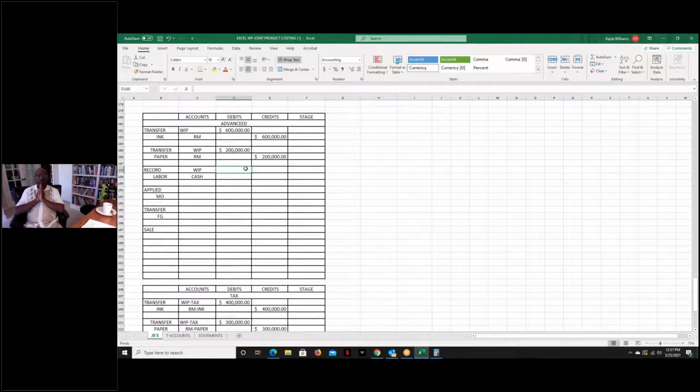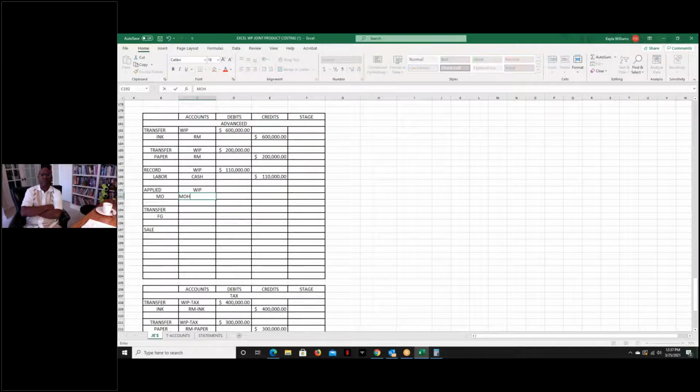Okay, that's all I got right now because I'm still calculating. For labor, we have 11,000 actual hours times $10 per hour, so it's 110,000. For the manufactured overhead, we have 11,000 times 8, the activity rate, which is 88,000.